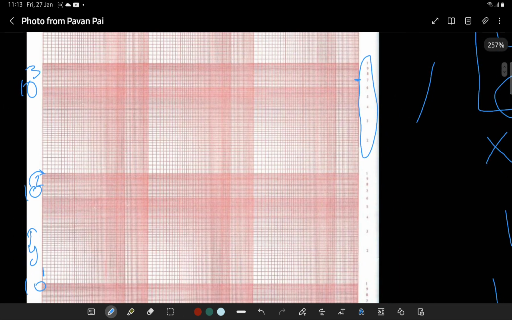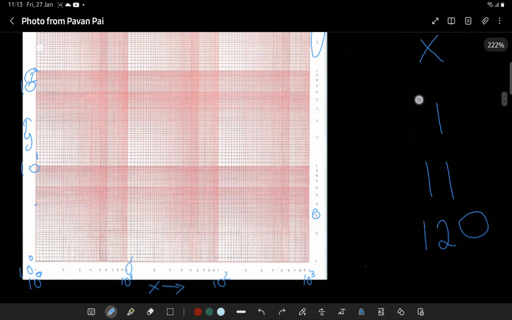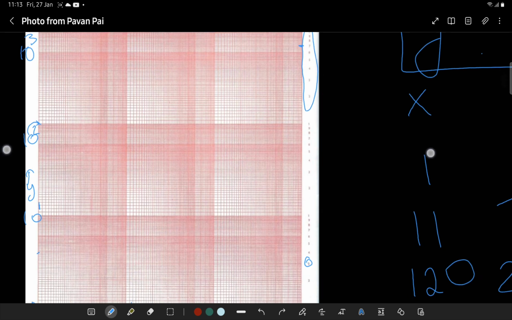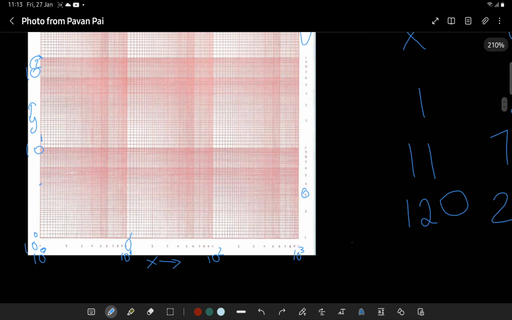So our point where we should mark will come in between. It will come straight from here.